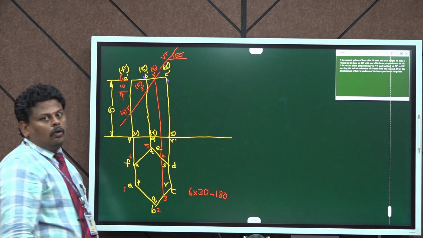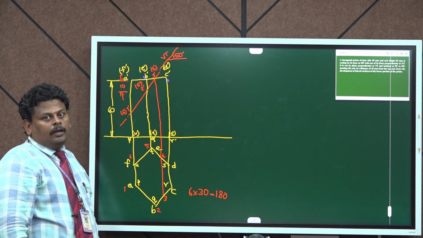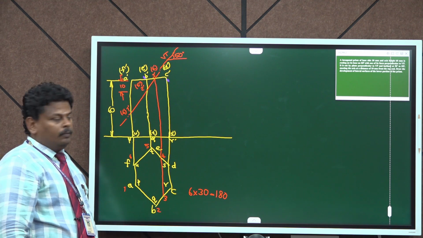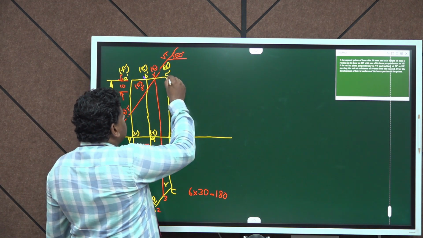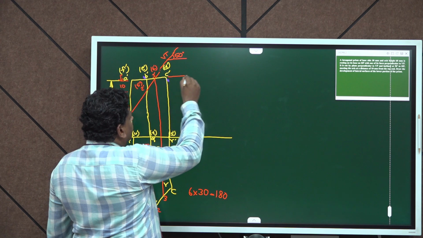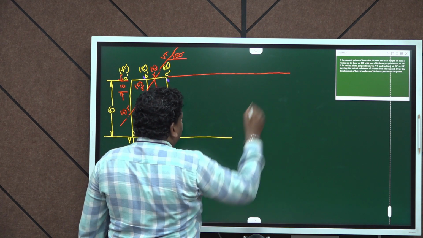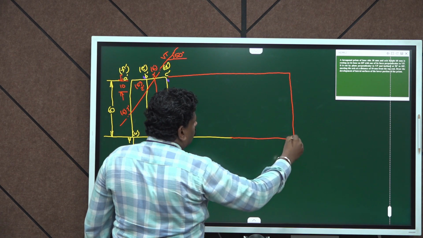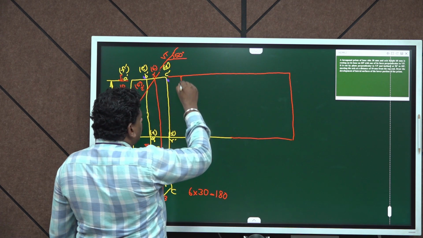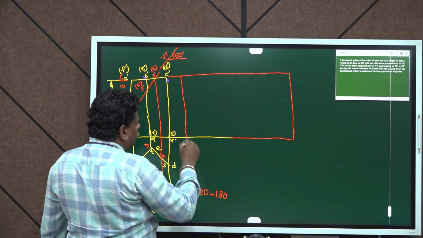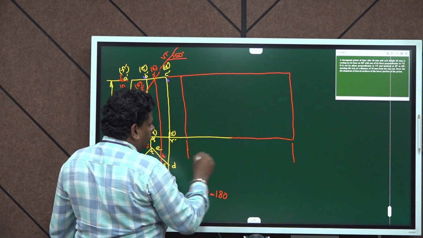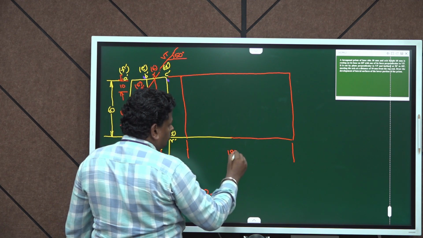So we need to draw the development as a rectangle of length equal to 180 mm. We can extend this front view for getting this development. Let us consider this length is equal to 180.